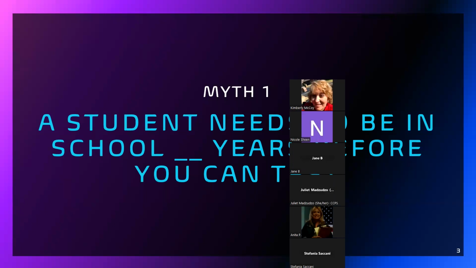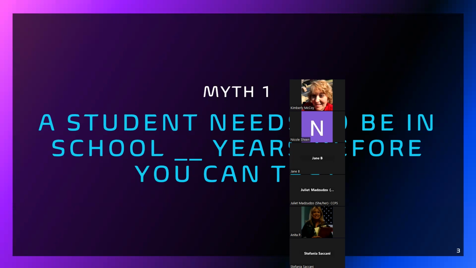So the biggest myth I hear going to school and talking to teachers is I can't refer this student to special education until they're in the school for at least 1 year.